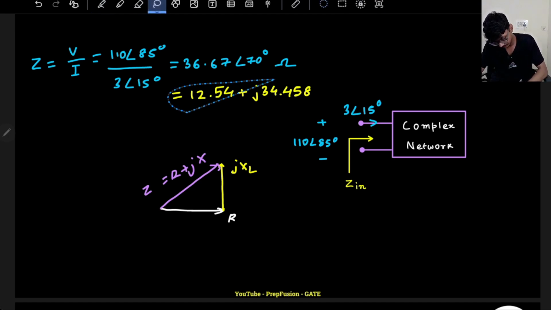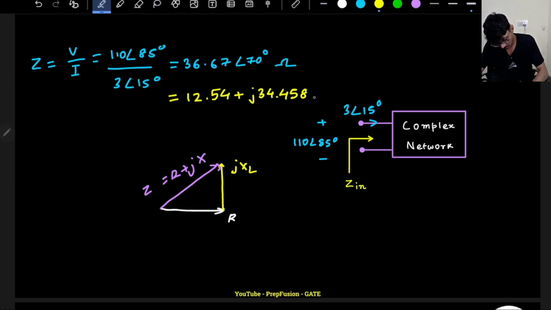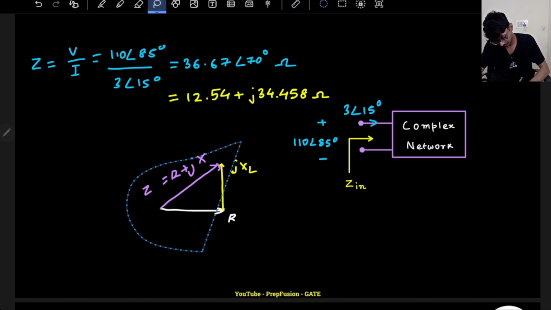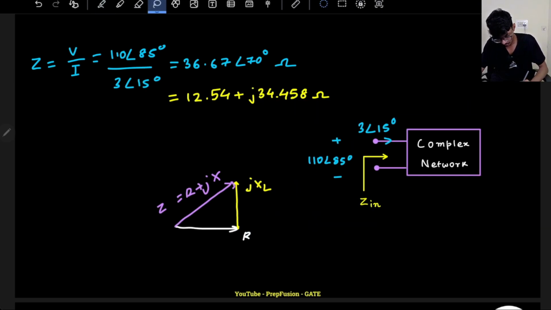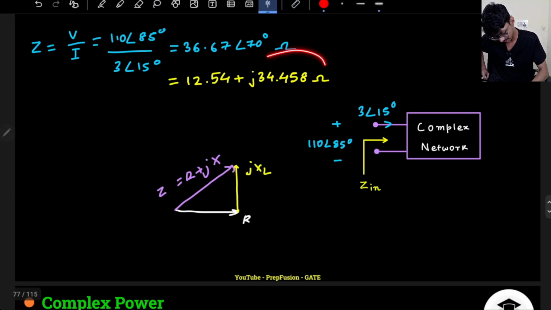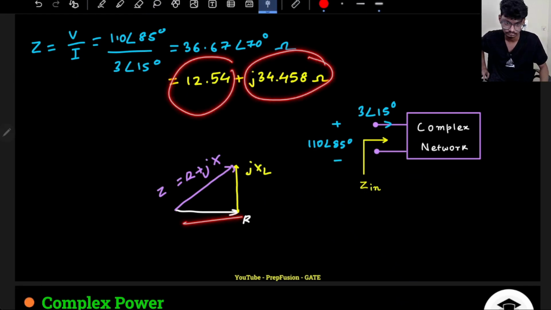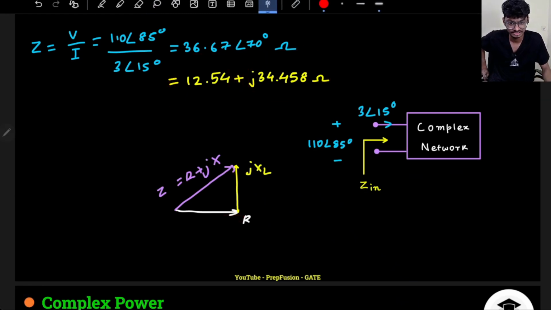This is in ohms. I hope you have understood this basic thing. This was the impedance. So XL is this one, 34, and this is the R. Okay, so this was the very basic first question.